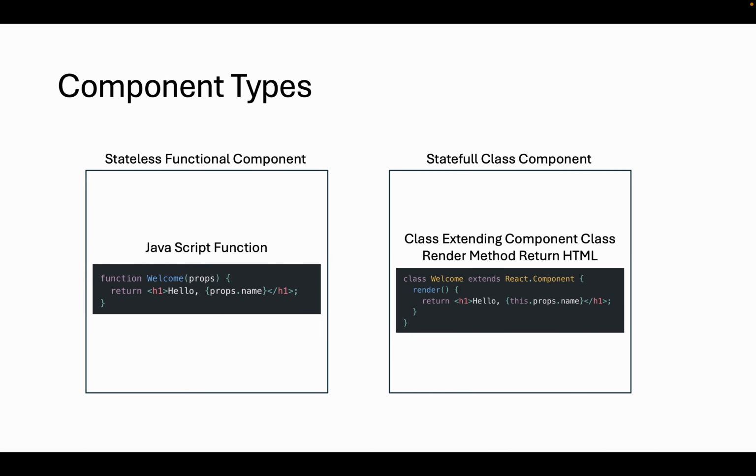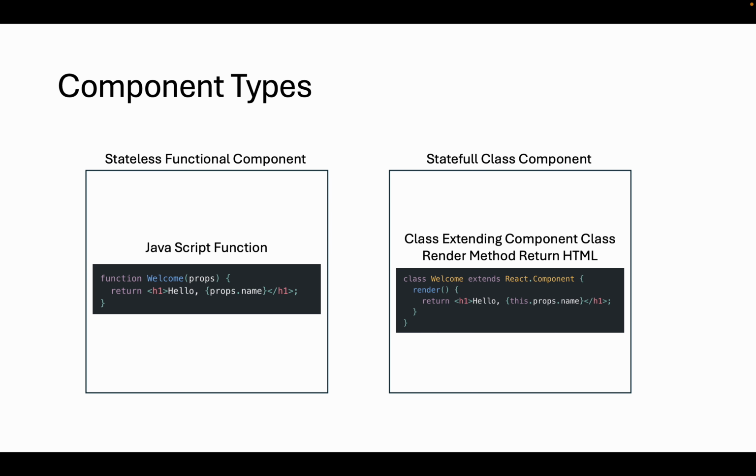There is another type of component, the stateful class component. A stateful class component is nothing but just an ES6 class that extends the Component class. The Component class is available in the React library. When an ES6 class extends React.Component, that makes it a stateful class component.